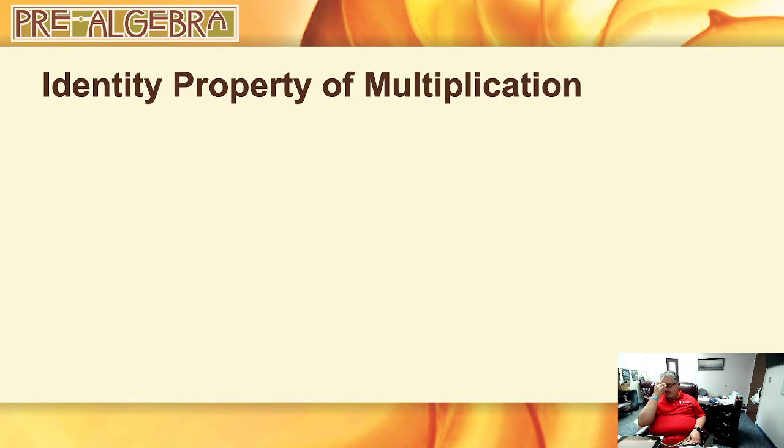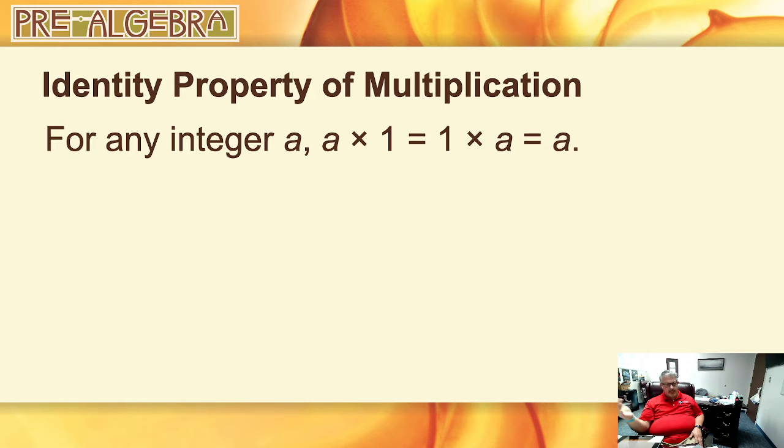Then we have the identity property of multiplication. This means that any integer a times 1 equals 1 times a. We know that to be true because of the commutative property. And that is going to equal a.